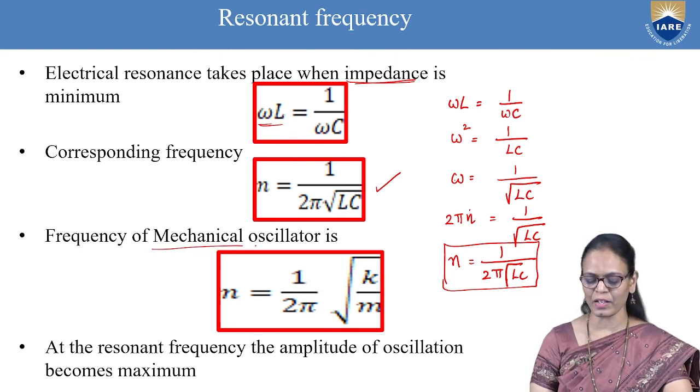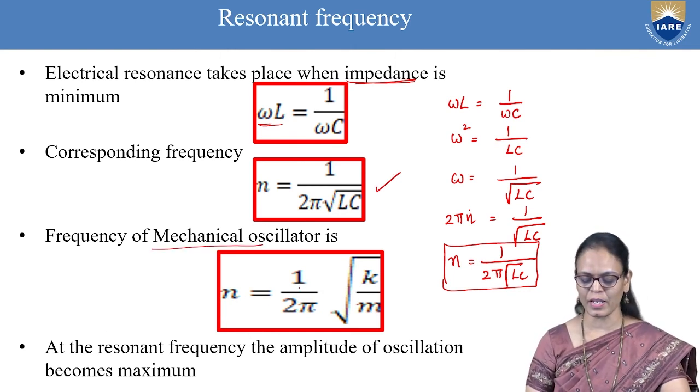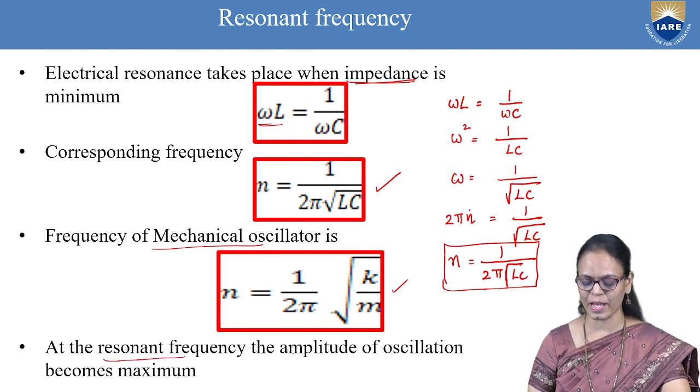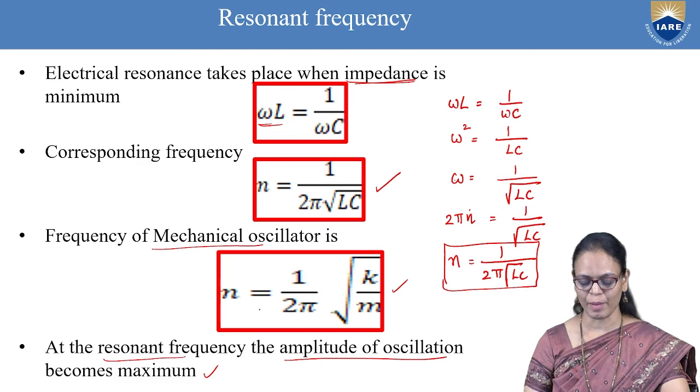And for a mechanical oscillator, if you derive in a similar way, you get N is equal to 1 by 2 pi under root K by M. So at resonant frequency, what happens? The amplitude of oscillation becomes maximum. Whenever these conditions are satisfied, the amplitude is always maximum.